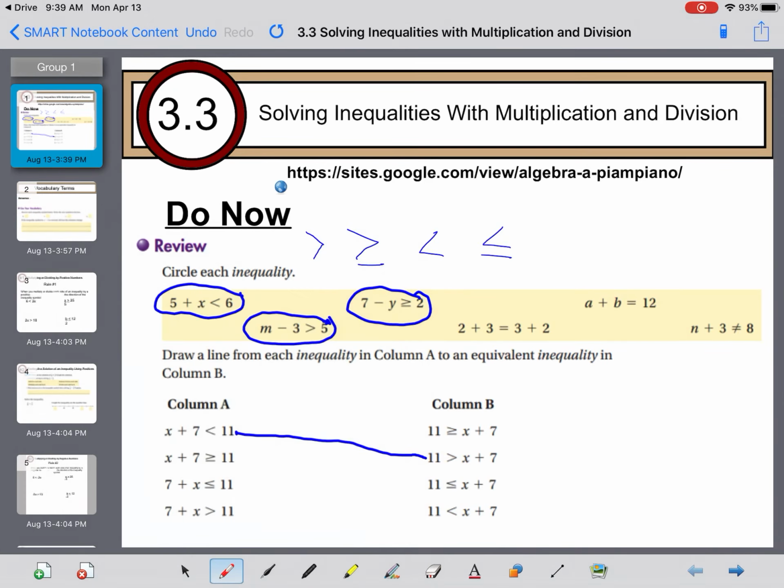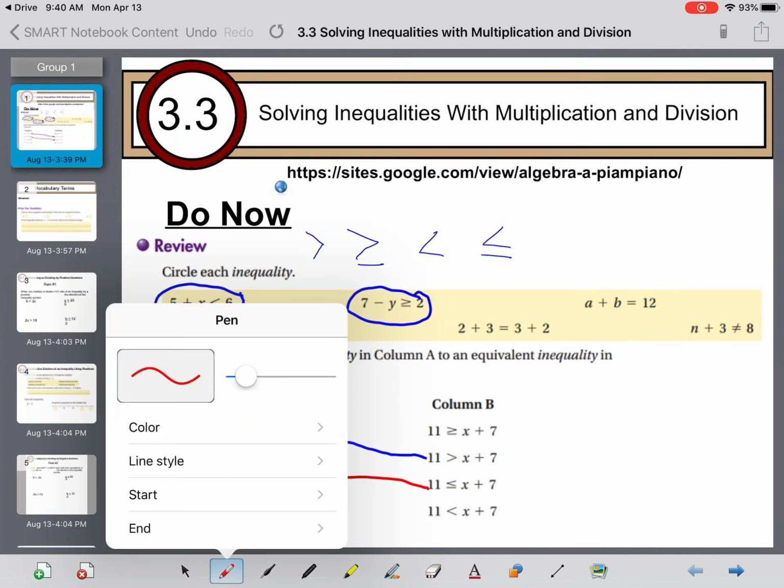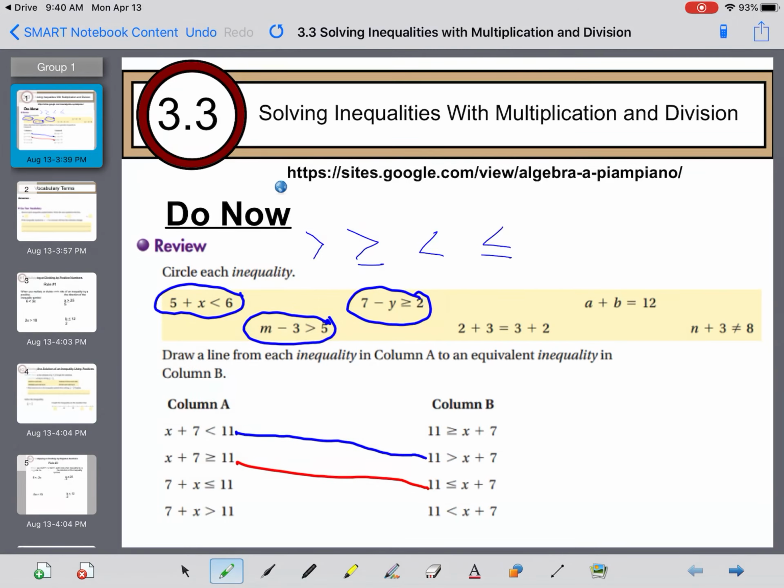And we'll change up the colors here. x plus 7 is greater than or equal to 11 means 11 is less than or equal to x plus 7. 7 plus x is less than or equal to 11 means 11 is greater than or equal to x plus 7, which means the last one connects at the bottom. 7 plus x is greater than 11 is equivalent to 11 is less than x plus 7.